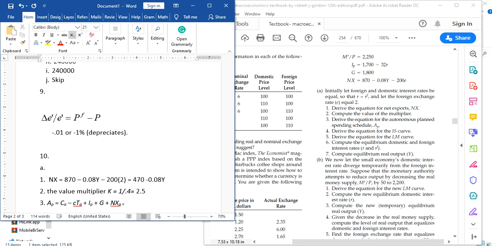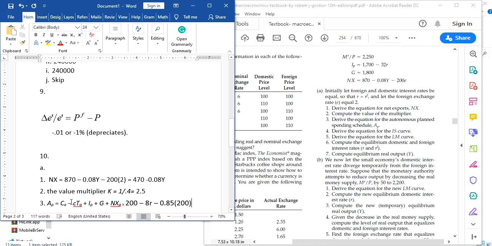What does that equal to? 200 plus or minus 8R minus 0.85 multiplied by 200.